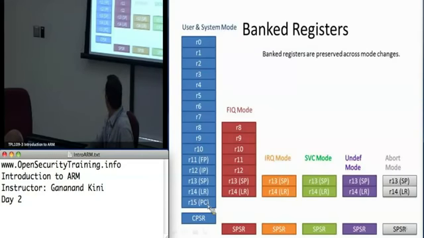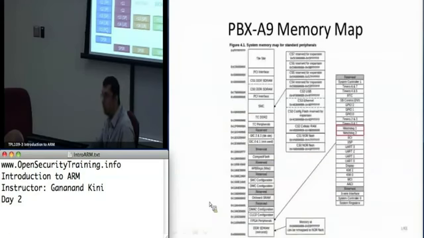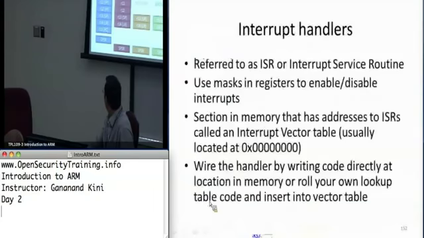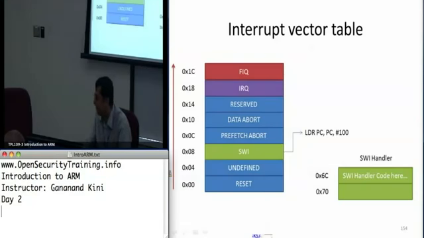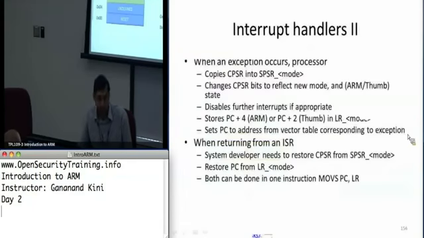And then it updates the PC, since there's only one PC, to the address of a location in the vector table. So it'll update it to 8 for SWI, it'll update it to C for prefetch abort, and so on. Does that make sense? All right.